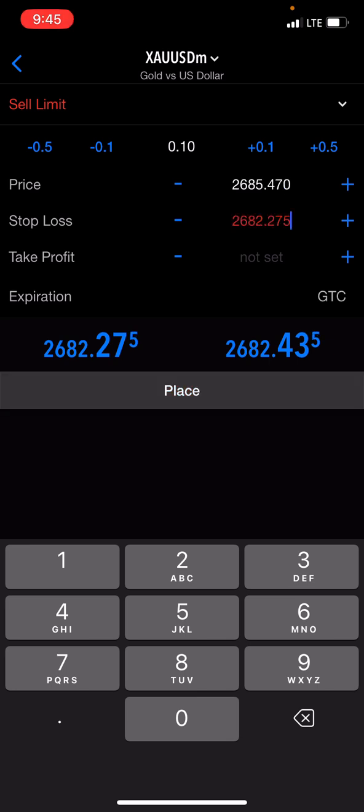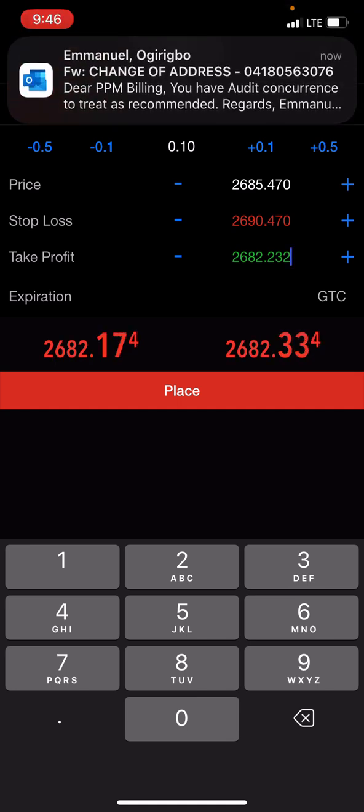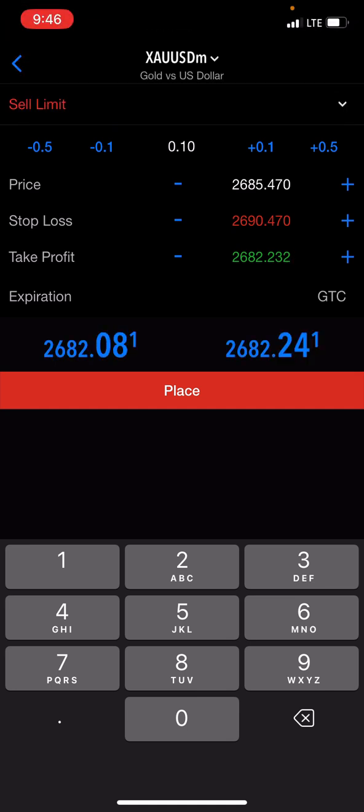That's my entry. Then my stop loss will be at least 50 pips, so it will be 2690.47. And my take profit, I'm projecting a minimum of 100 pips, that would be 2659.37.